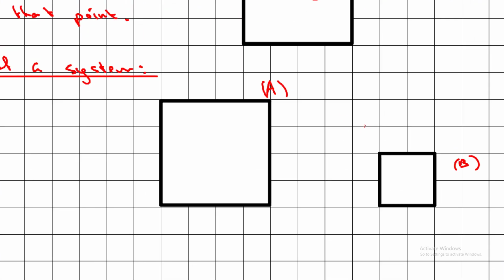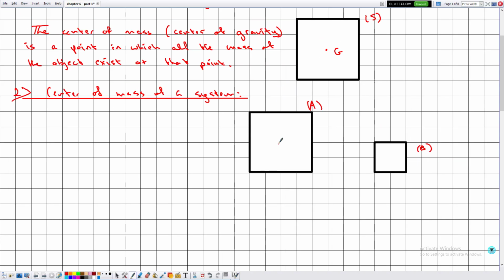This will be the center of this square, which is given by G1, and as for this object it is given by G2.